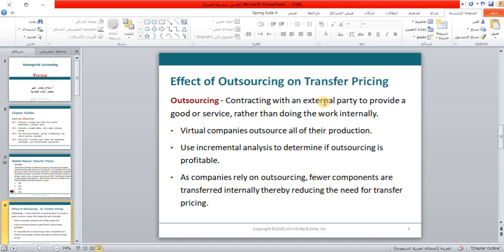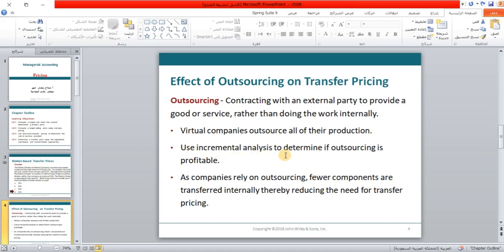Effect of outsourcing on transfer pricing. Outsourcing is contracting with an external party to provide a good or service rather than doing the work internally. As we saw in chapter 7 in incremental analysis, this is the case of a make or buy decision. Virtual companies outsource all of their production.